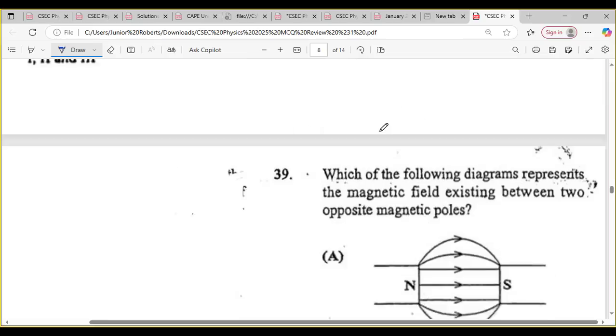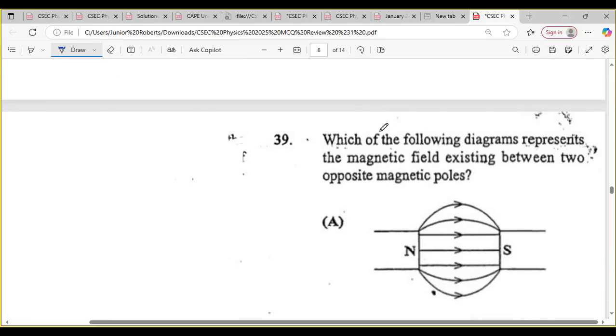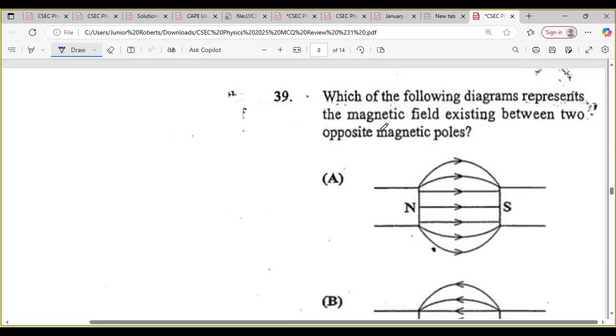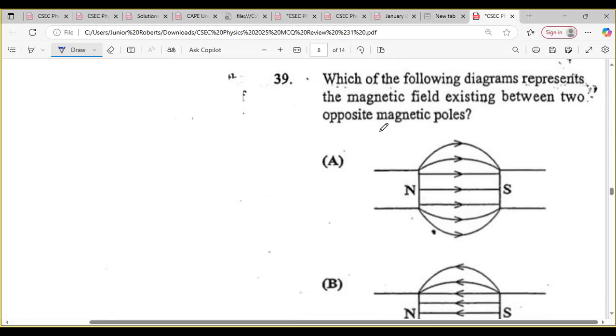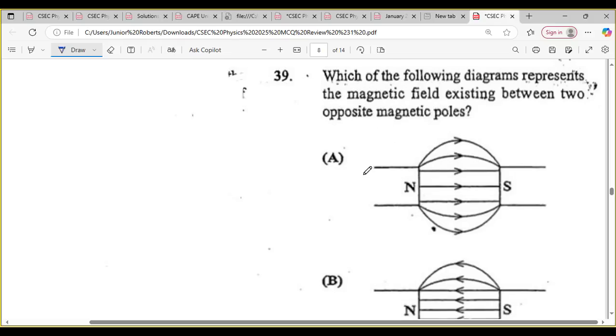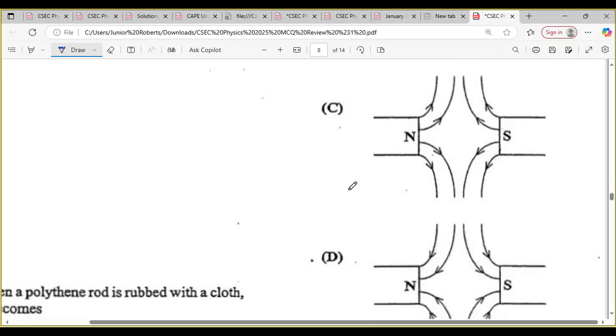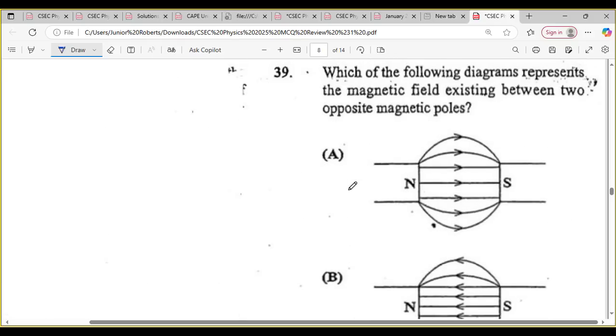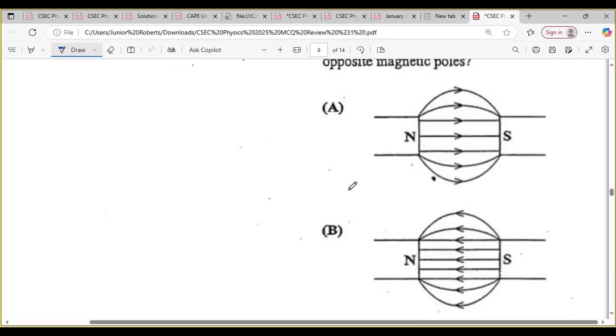39 now. Which of the following diagrams represents the magnetic field existing between two opposite magnetic poles? Opposite poles attract, right? So the ones that show attraction are either A or B, because C and D show repulsion. Now, we know that magnetic field lines always emerge from a north pole, and they always converge at a south pole.